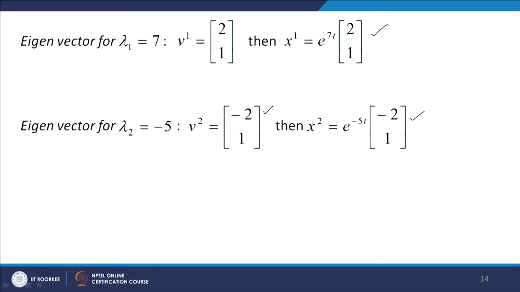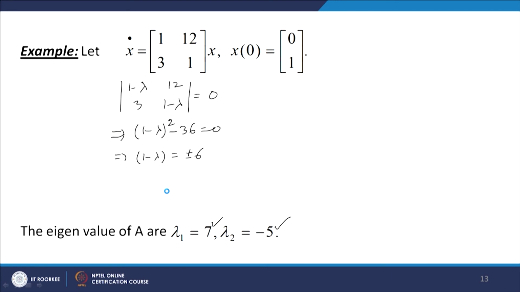So the general solution is x(t) equal to c1 x1(t) plus c2 x2(t), and we then use the initial condition, that is the value of x at t equal to 0, which is given as (0, 1).